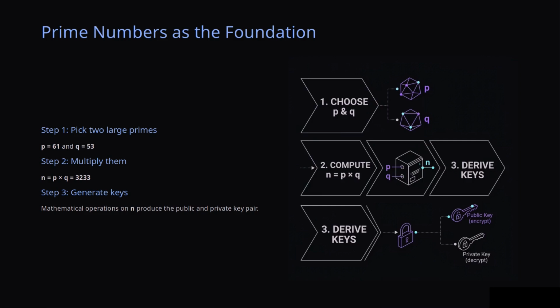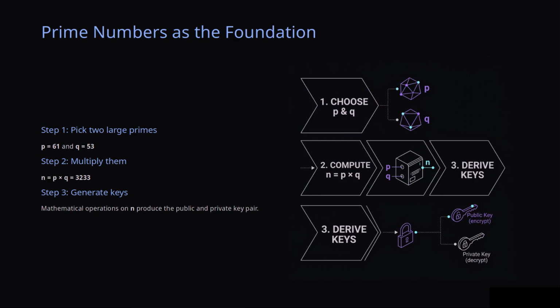After we multiply our two prime numbers, we need to generate our keys that can be used to encrypt and decrypt. Therefore, we need to first calculate the totient. That's phi of n. And phi of n, in our example n is 3233, is equivalent to p minus 1 times q minus 1.